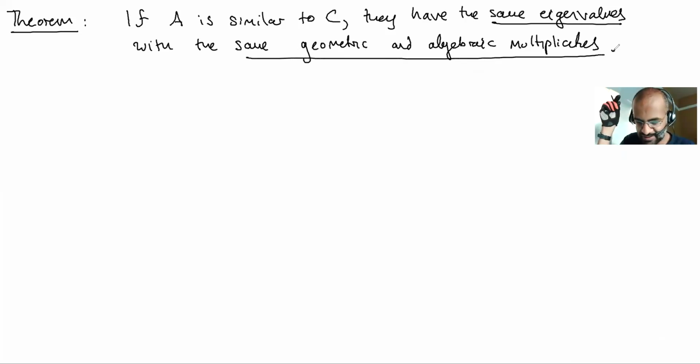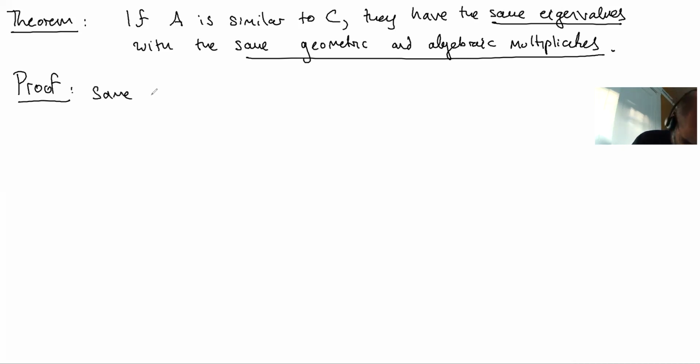Okay, so similarity preserves eigenvalues, unlike row reduction. Any questions about the statement? Okay, let me tell you the proof. Let's prove the same eigenvalue statement first.